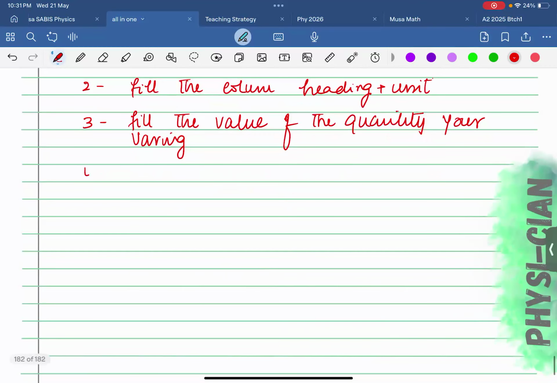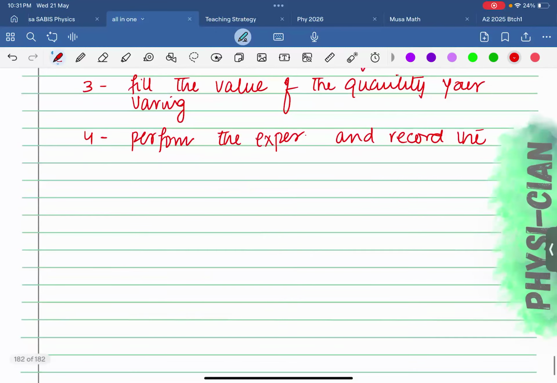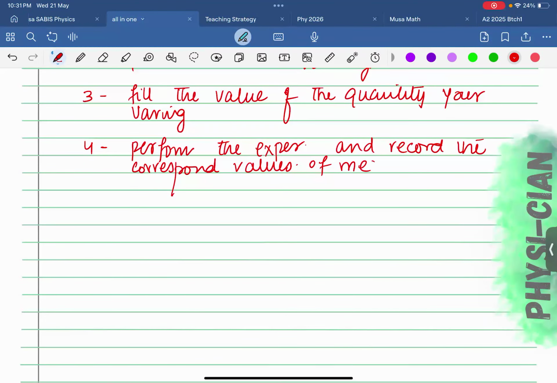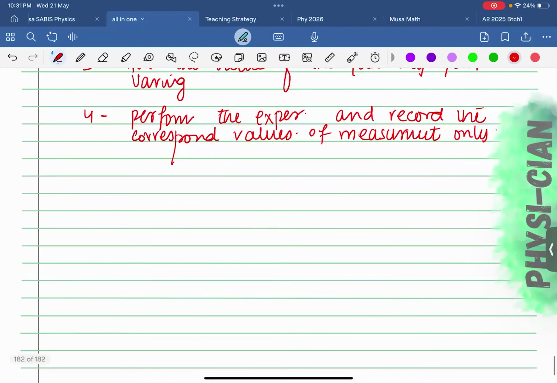Now the fourth thing is perform the experiment and record the corresponding values of measurement only. I'll explain, don't worry. And then fifth, complete the table. Complete the remaining table.